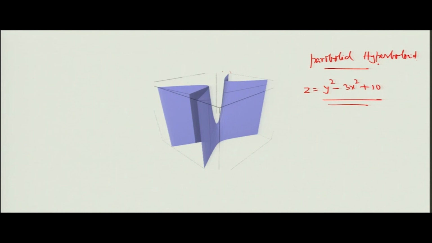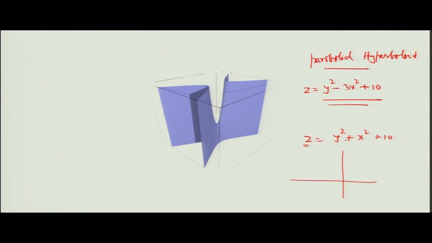The other one I forgot to write, I think you could have taken here as y square plus x square plus 10. If I take this, I will get z increasing with height. So, as z increases, the size of these things will also increase. Just look at it. If z is increasing, the value of x square can also increase.